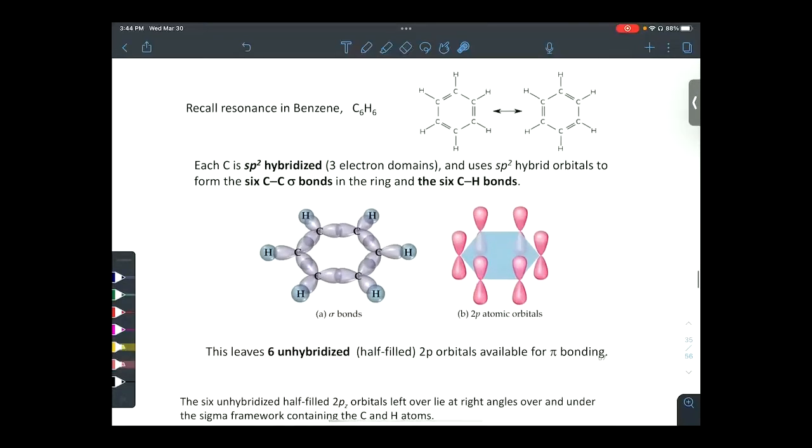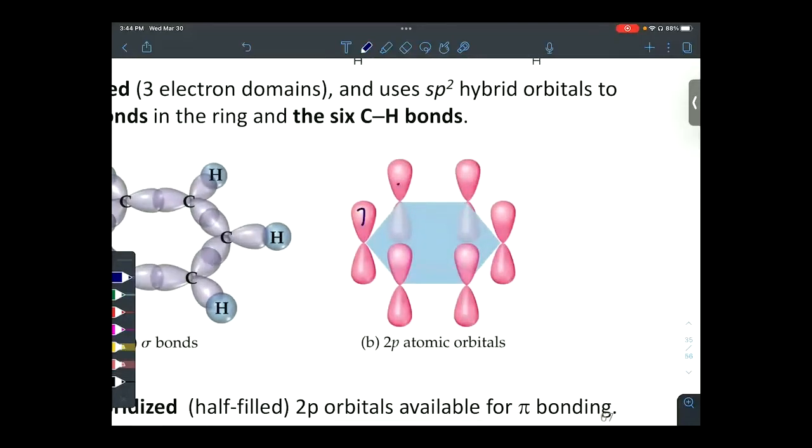So that's the picture that you see here. Here's the sigma network; those are all the hybrid orbitals that make the sigma interactions. We just said that there is one unhybridized p orbital on each of those carbon atoms. So the idea is, 2 electrons have to overlap to make a bond. But if you're an electron in the unhybridized p network, do you want to make a bond with the carbon on your left or on your right?